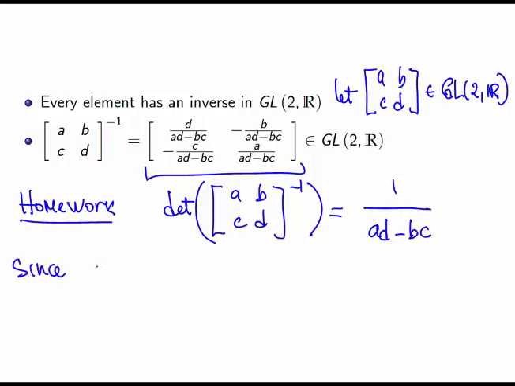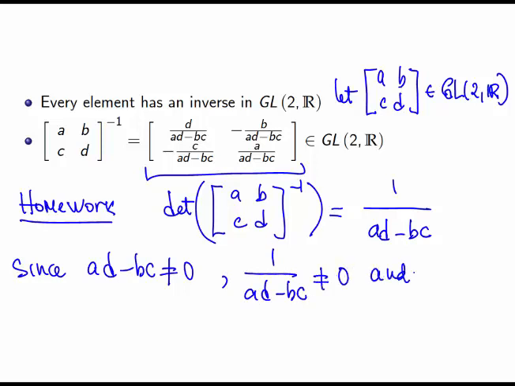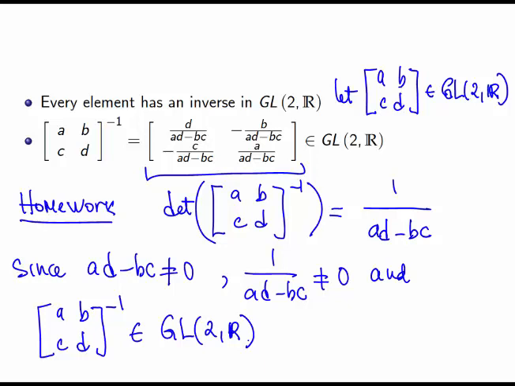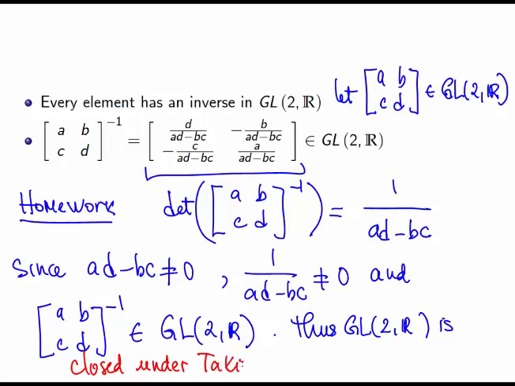And since ad - bc is non-zero, because the matrix is invertible, it follows that 1 over ad - bc is non-zero, and consequently the inverse of this matrix is an invertible matrix, so it belongs to the set GL_2(R), and this gives you thus GL_2(R) is closed under taking inverses.